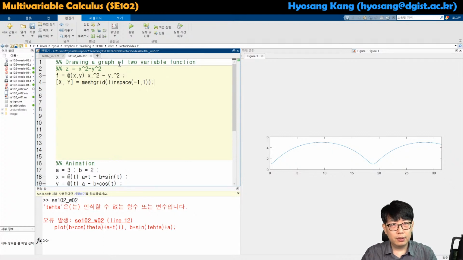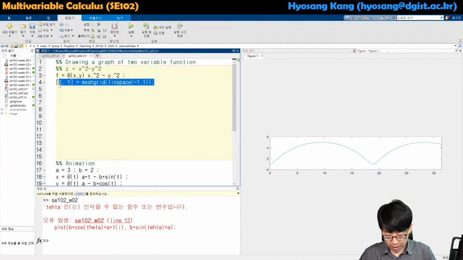This command means take an array from -1 to 1 divided by 99 intervals, consisting of 100 entries, and then it splits your area [-1, 1] cross [-1, 1] into these 99 times 99 rectangles or squares.